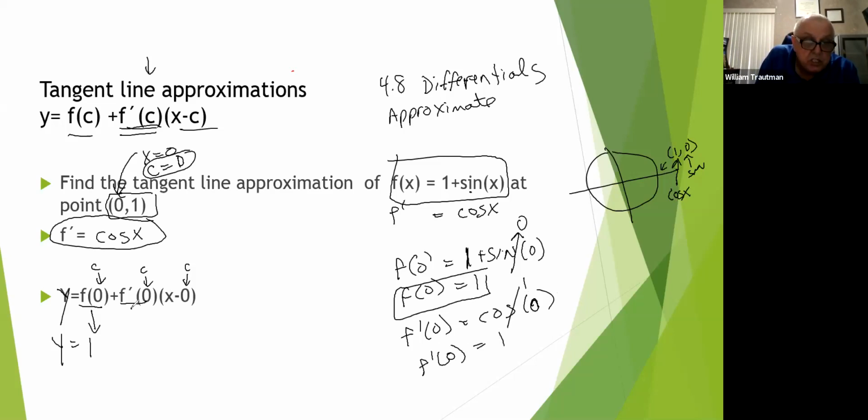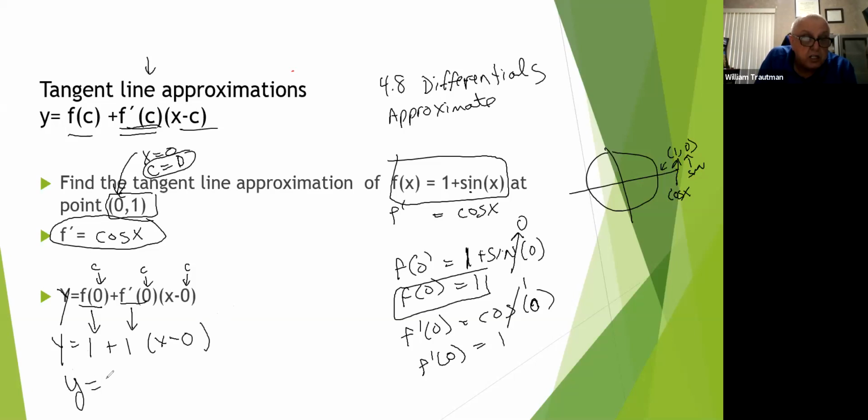This changes to 1, and then we have x minus 0. Do you see now we're just plugging c in here. We put the 0 into here, into here, and into here.